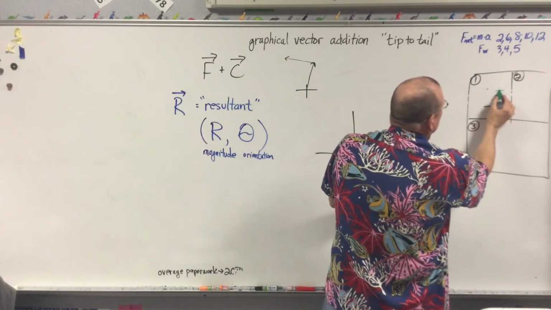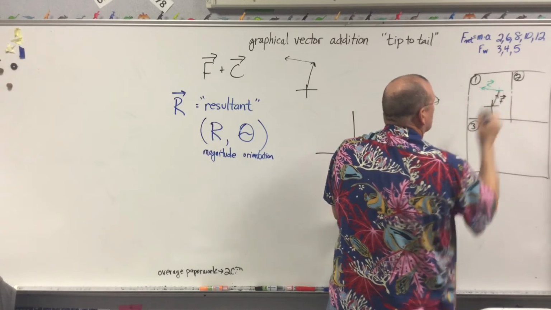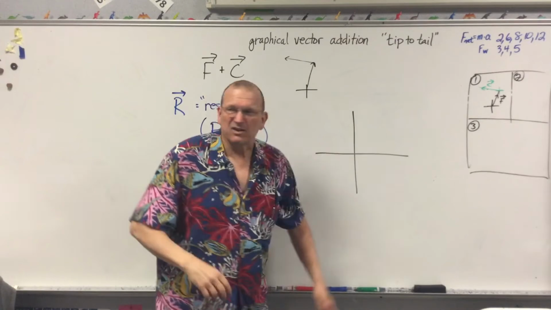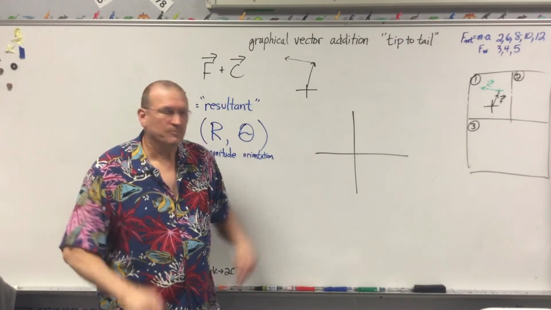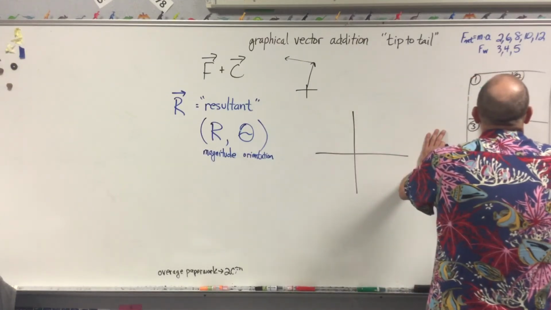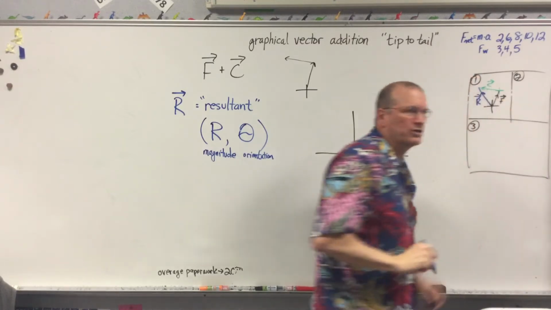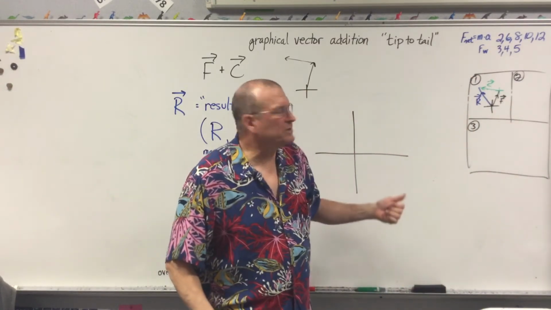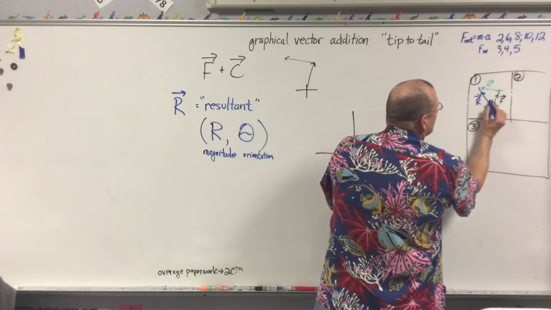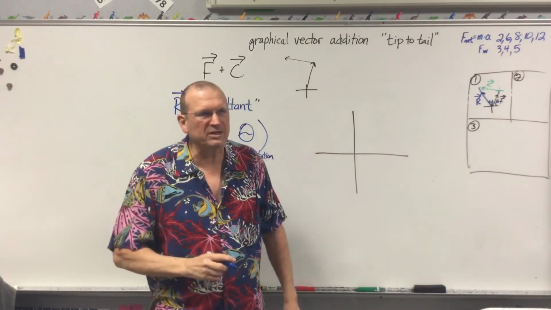And then take your ruler, draw C exactly where it needs to be and label it. And at this point, you would be done. And then you would take your ruler, draw your R, then measure the length of R with your ruler, and then I want you to highlight where the theta is in your picture that you're measuring.